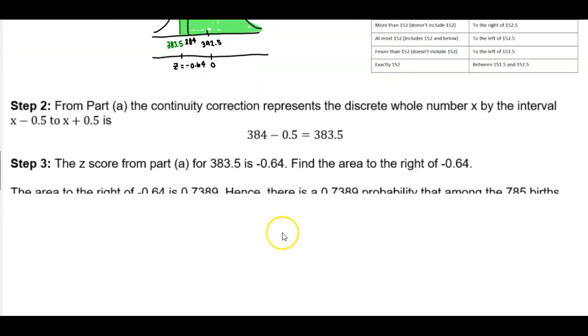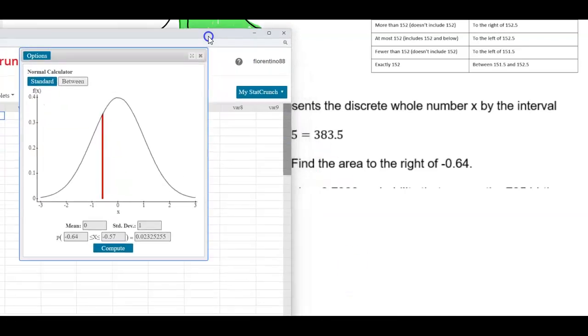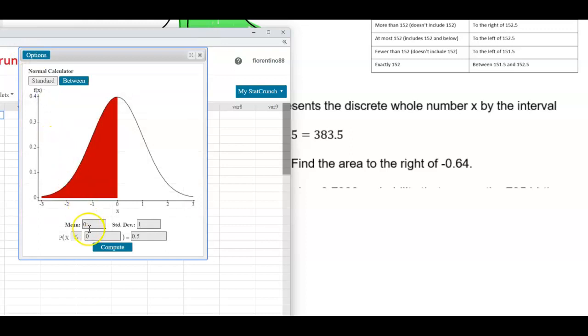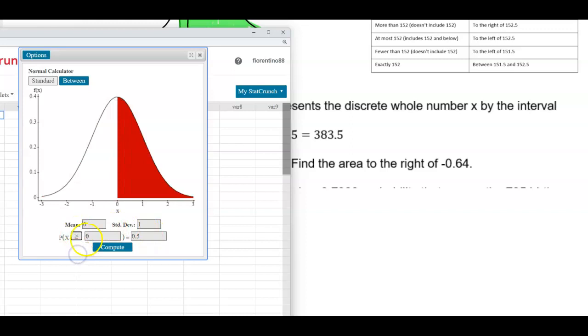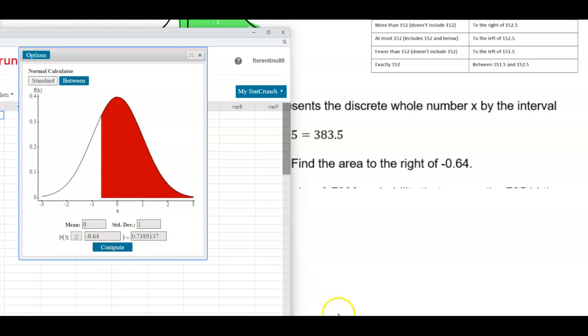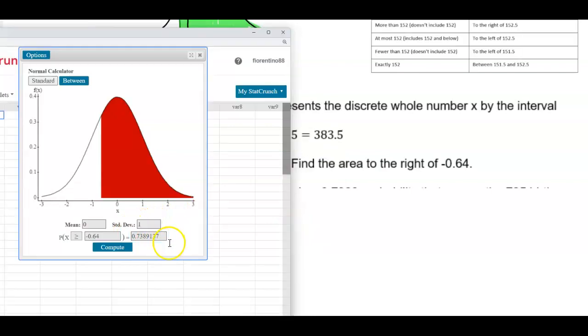Okay, so now that we have that z-score, we can go ahead and plug it into StatCrunch. So now that you have your calculator, just make sure you select options and select refresh. And the mean is 0, the standard deviation is 1, and now we want to change this to be greater than or equal to the value of negative 0.64, and that's going to give us our probability.